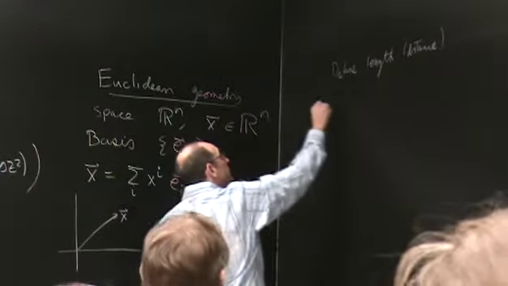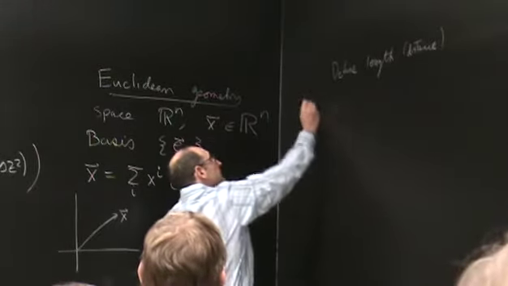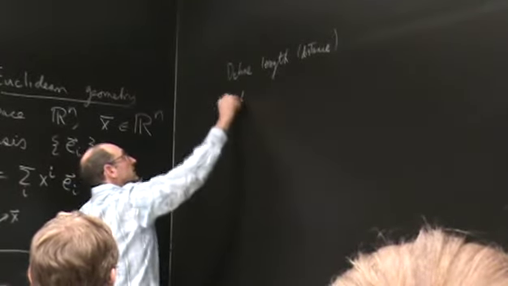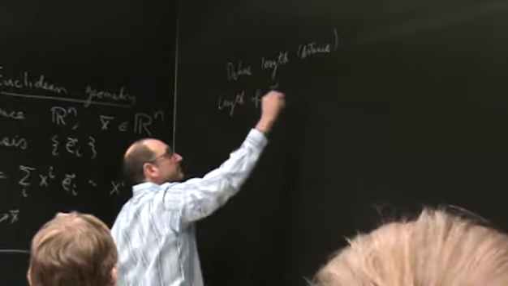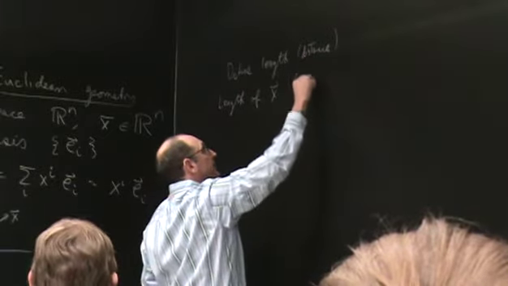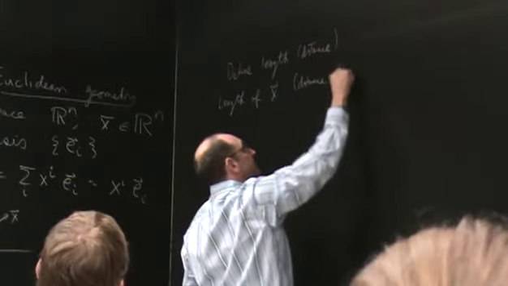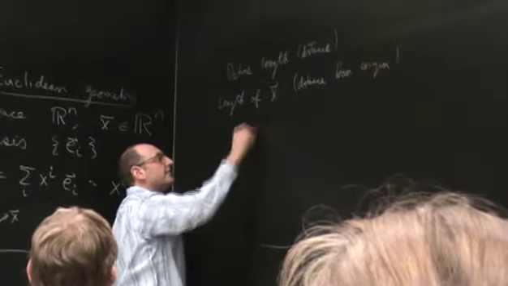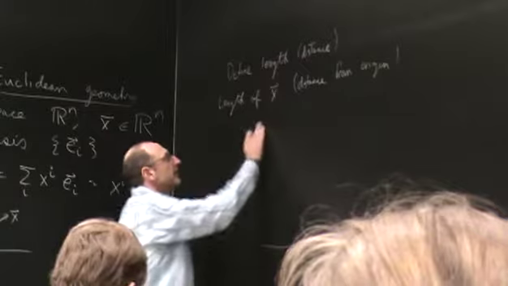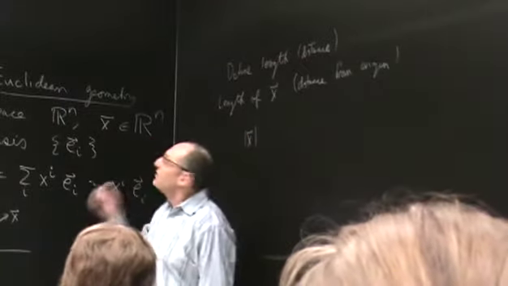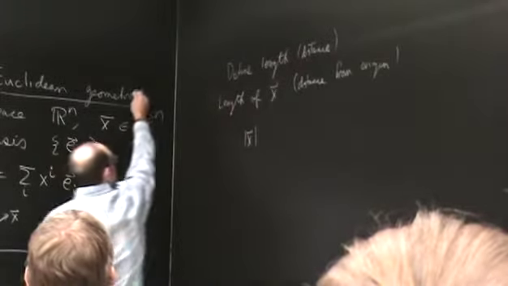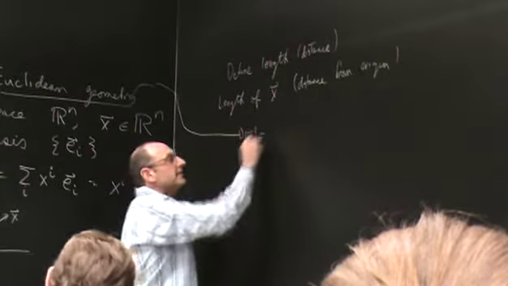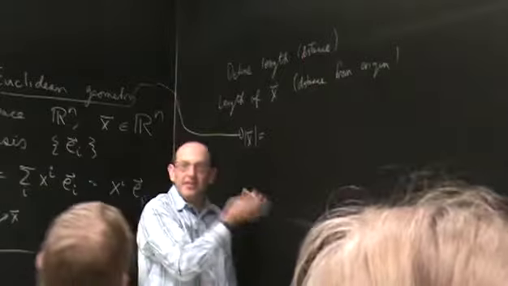Now, if it's Euclidean, then the length of x, the distance from the origin, is defined by Pythagoras' theorem.